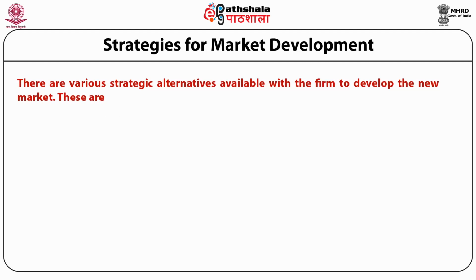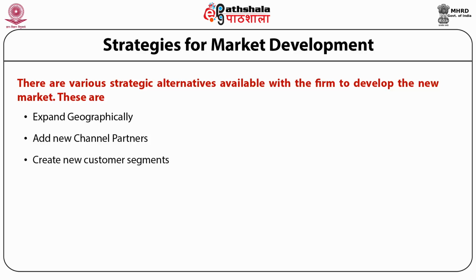Let us look into the various strategic alternatives available to the firm to develop the new market. These are: companies can choose to expand geographically, that means they can enter new cities, towns, regions, countries. They can add new channel partners. Companies can choose to create new customer segments for their products. Recently, we have seen the emergence of online platforms, so companies can choose online platforms to reach new markets.